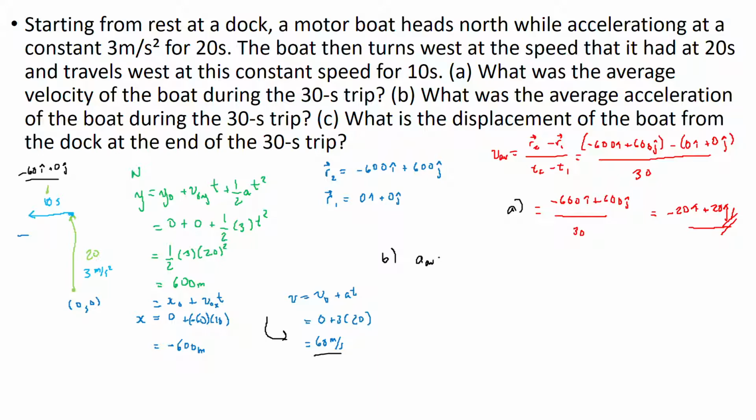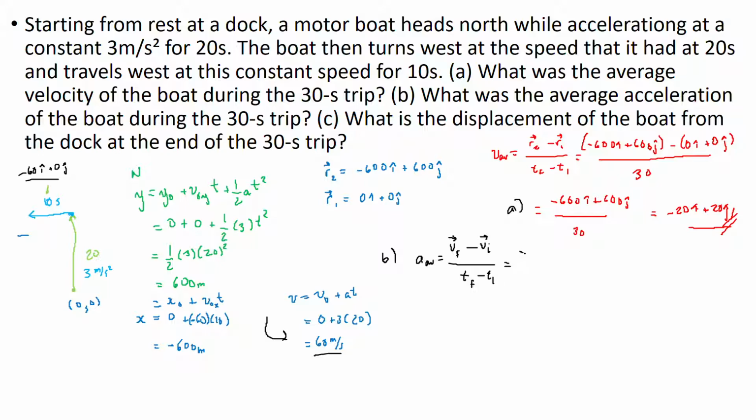So the average acceleration is going to be the final velocity vector minus initial velocity, over final time minus initial time.